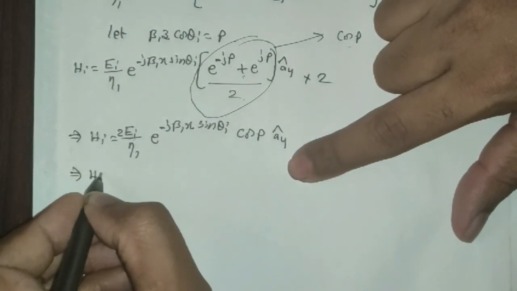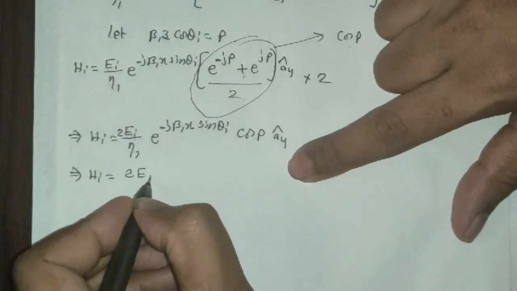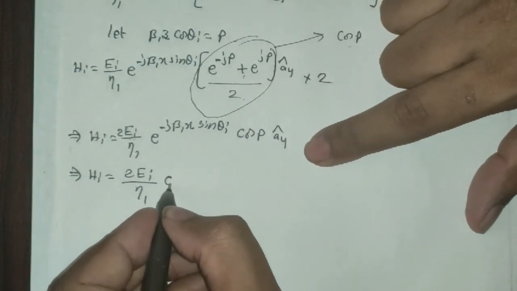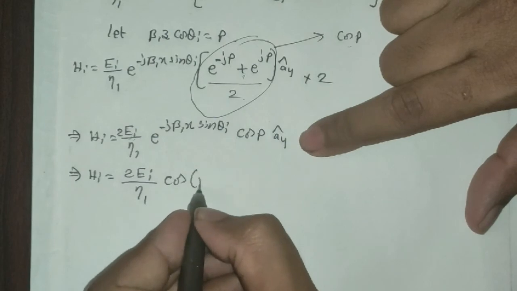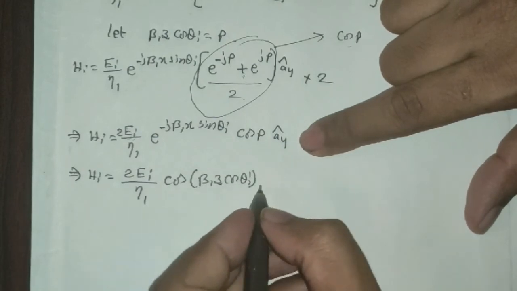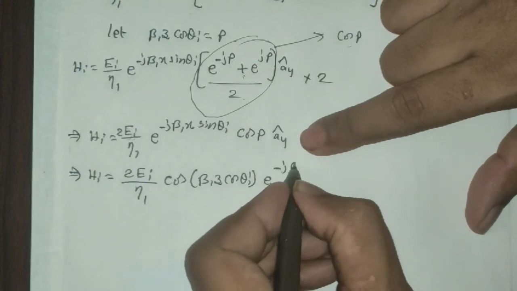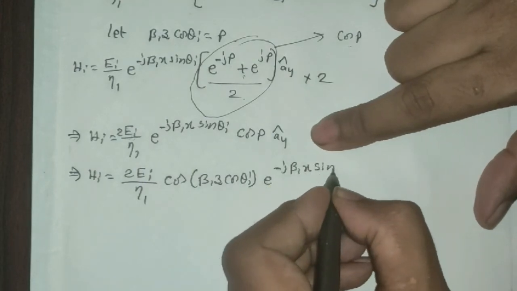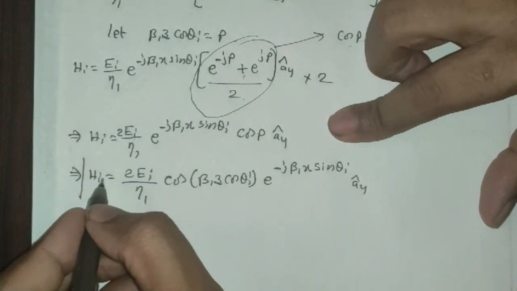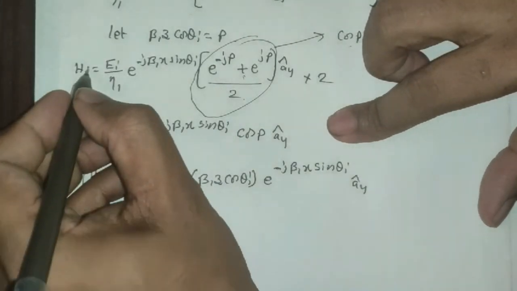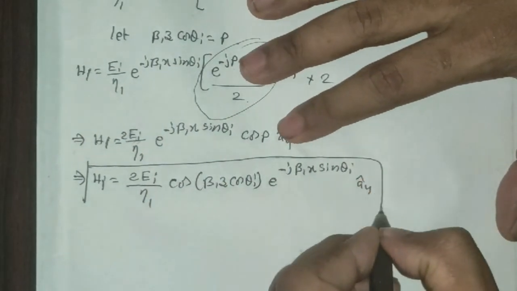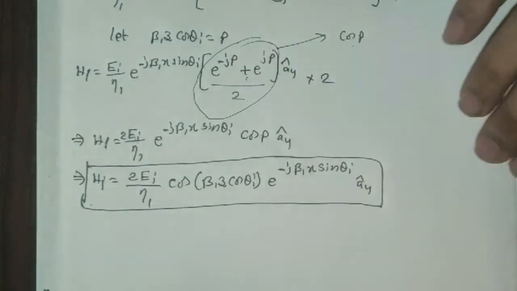We have the total magnetic field equal to 2 EI by eta 1 into cos beta 1 z cos theta I into e to the power of minus j beta 1x sin theta I, in the direction ay cap. This is all about the mathematical representation for the magnetic field.